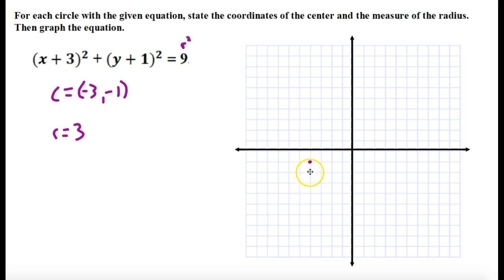And then if we wanted to graph this by hand, I would want to go 3 to the right, and 3 to the left, and 3 up, and 3 down. All right, but I'm going to use the circle tool here to draw this nicely.